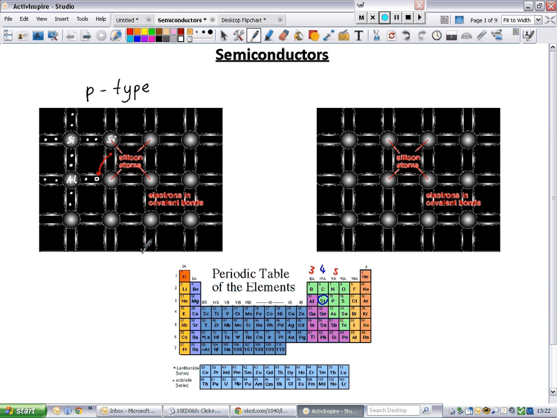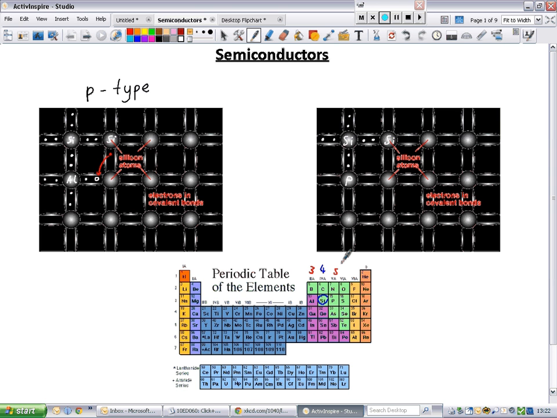If we do the same for the other type of material that can make up semiconductors, say we start off with silicon over here, it's got those 4 outer electrons, it bonds covalently to another silicon atom over here, and that just repeats itself. If we then bond that to something that is in group 5, it could be phosphorus, for example.